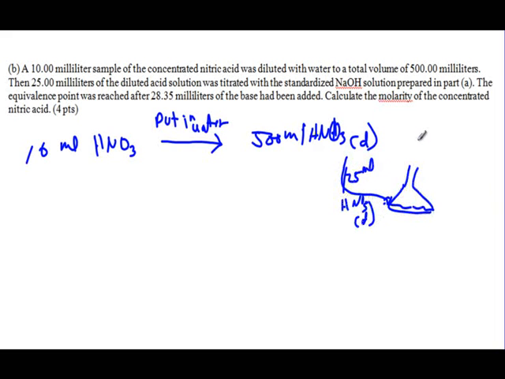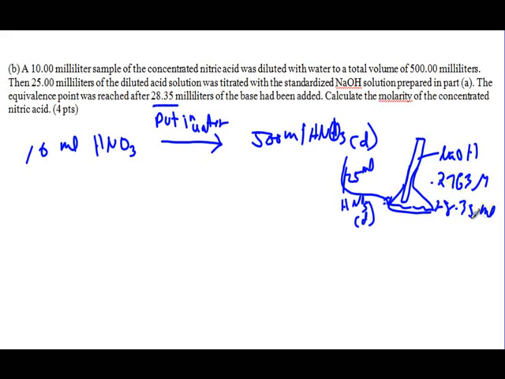And I titrate it with NaOH, and I know its molarity from the previous problem, which was 0.2763 molar, and I know its volume, right? It's given to me here, 28.35 milliliters.